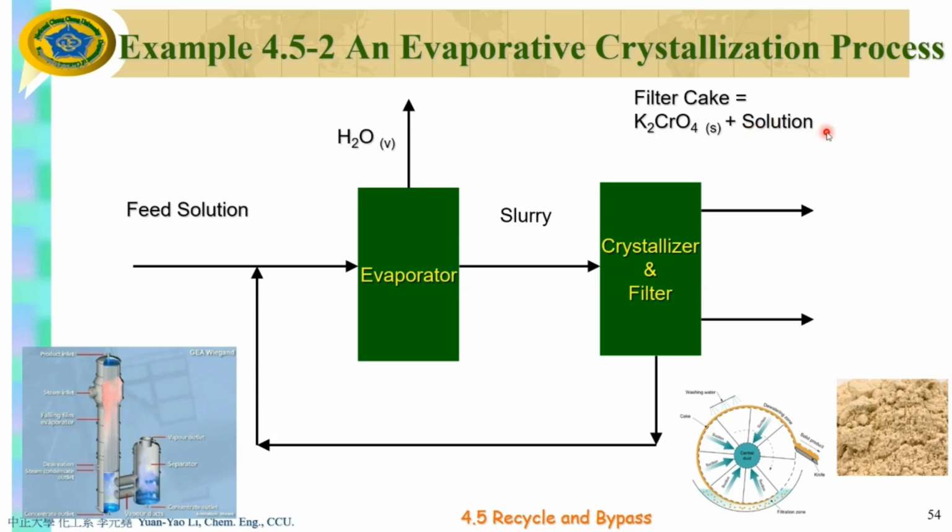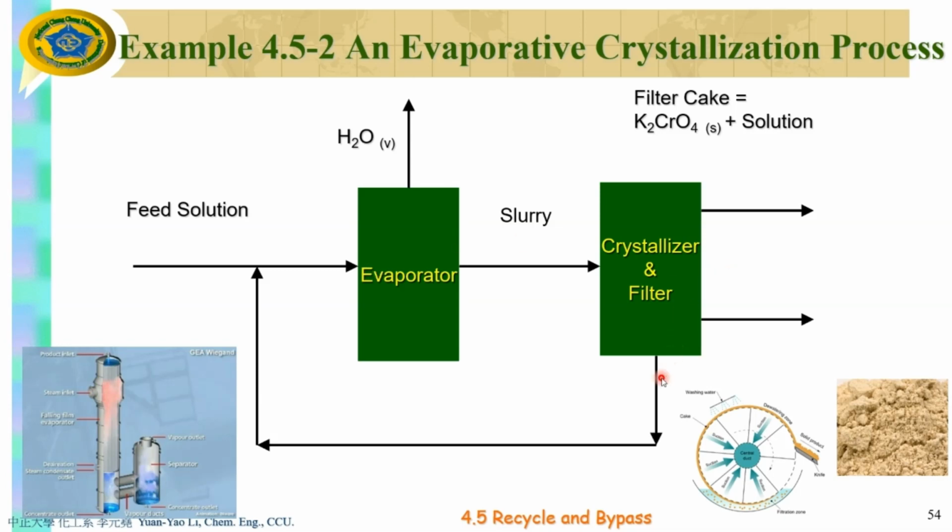But I want you to remember that this solution still has some of the potassium chromate, because potassium chromate will dissolve in the water. So you cannot discharge this to the river. No, you cannot. Otherwise, you go to jail, right? You break the law, like some of the industry. So you need to recycle this potassium chromate.